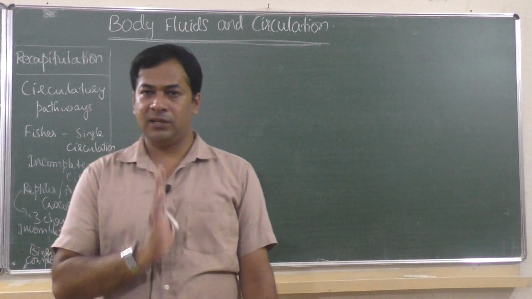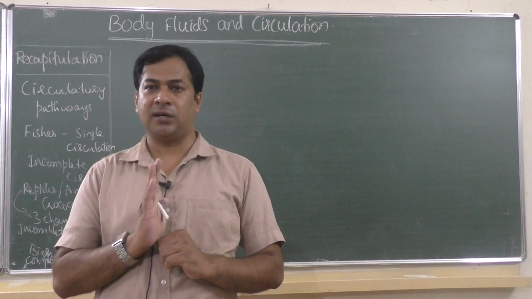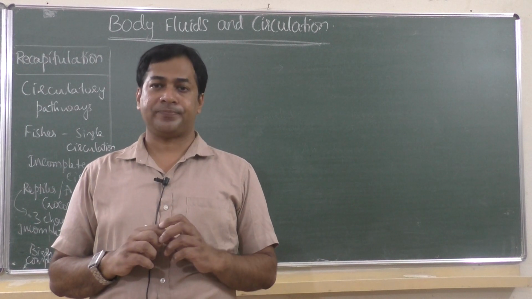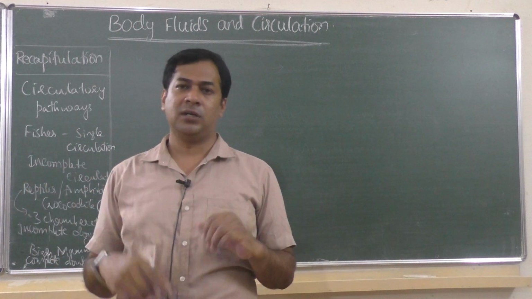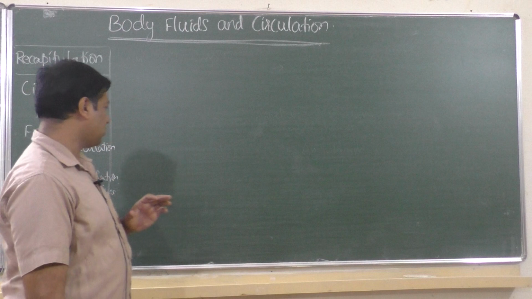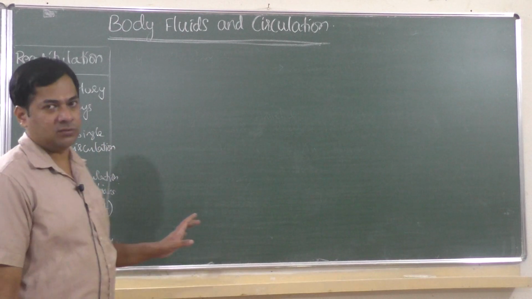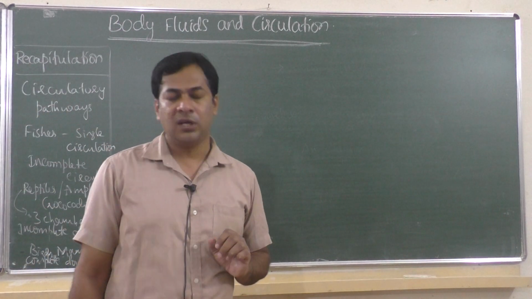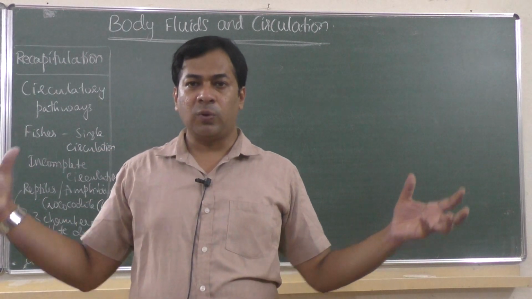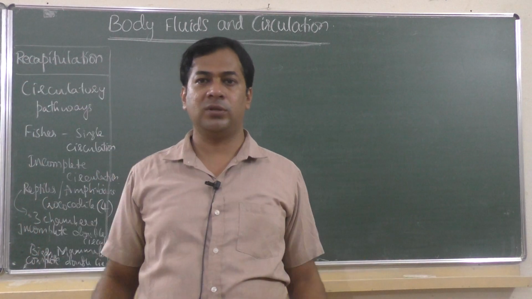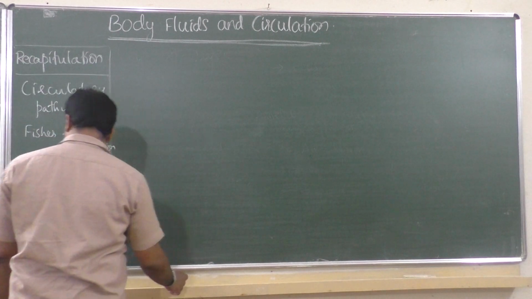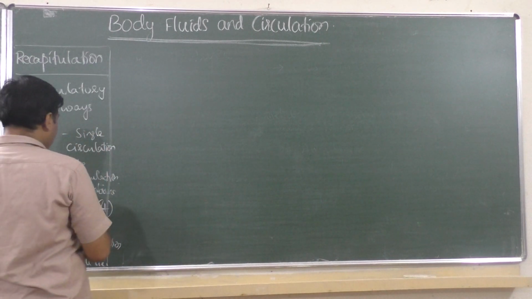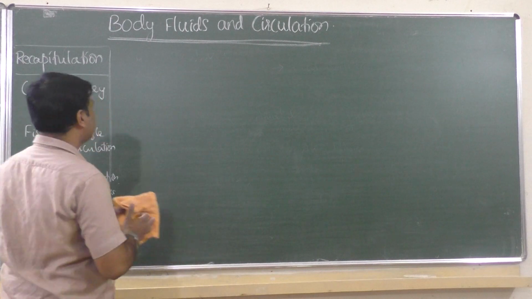So one dividing wall is there which separates the left part of the heart from the right part, so that oxygen and carbon dioxide don't mix, they are completely separated. That is why it is called complete circulation. Why is it called double circulation? Because blood comes twice to the heart, so it is called double circulation. So today we are going to learn the human circulatory system, only the human circulatory system.